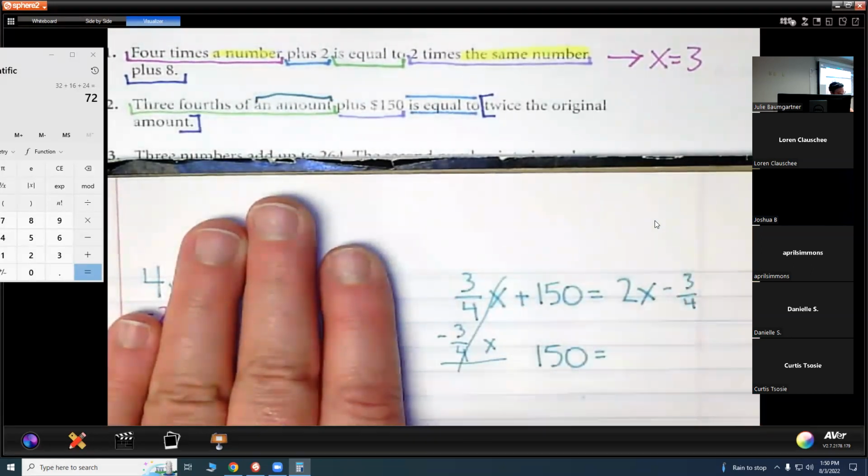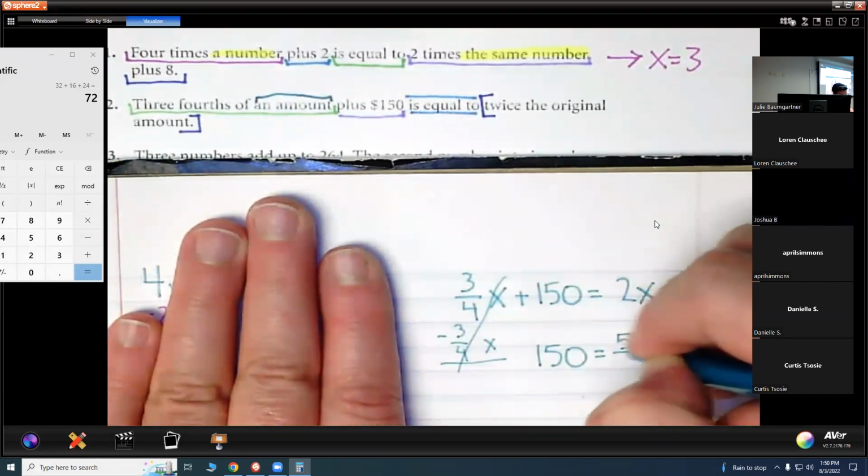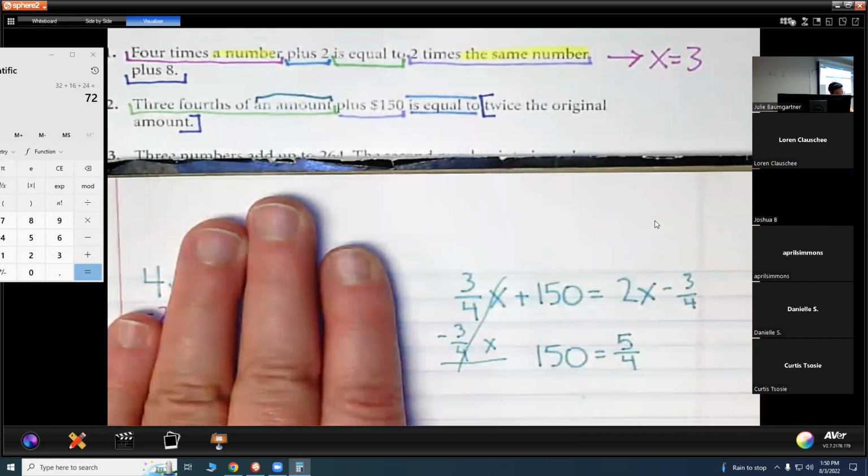What would that be as a fraction? 8/4, so 5/4. Yes, x. Okay. 2x minus 3/4 x is 5/4 x. Does everyone feel okay about that?